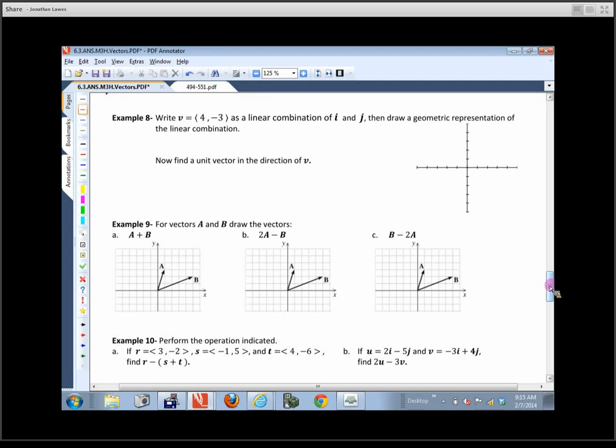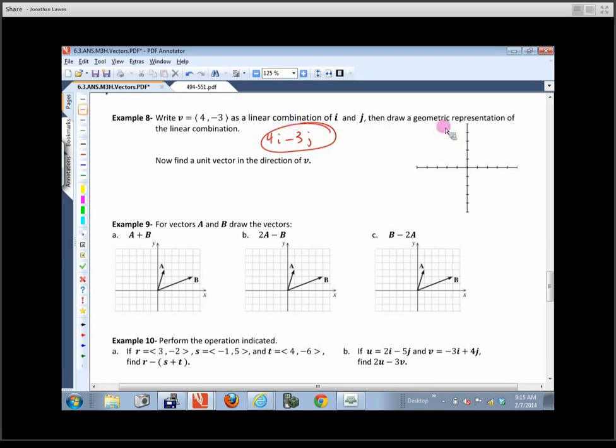And if it's not, all we need to do is tweak a couple of quick things, and we're all set to go. All it's saying is, as a linear combination, write this in terms of i's and j's. So this would be 4 i's minus 3 j's. That's it. That's a linear combination. That's how easy it is.